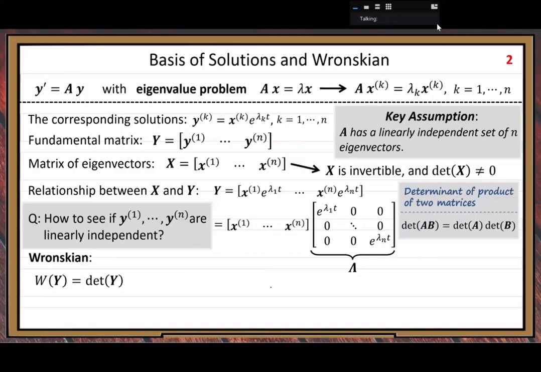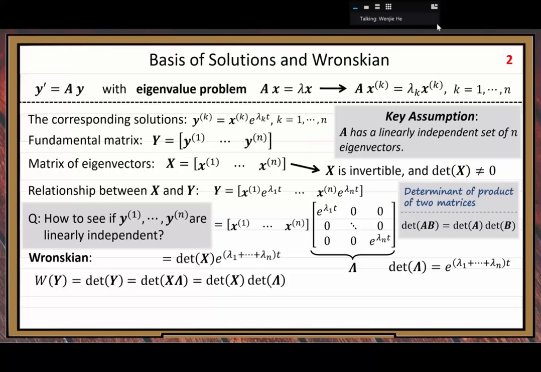By that property, it equals the determinant of X times the determinant of lambda. The determinant of lambda is an E function, non-zero. So the determinant of X times an E function is non-zero.